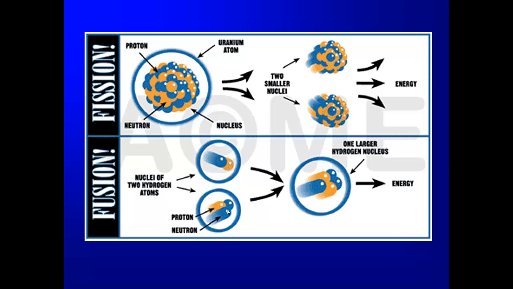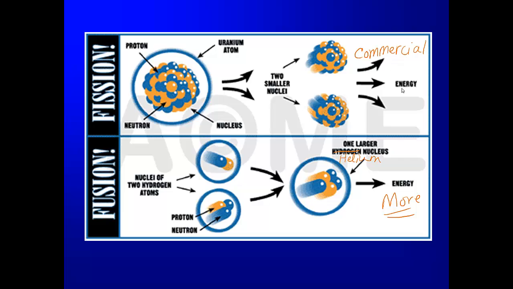Fusion, two small hydrogens, typically, fusing to make one larger. And I don't know why this says hydrogen, because this would be helium. And again, tremendous energy in both, but this has more energy.